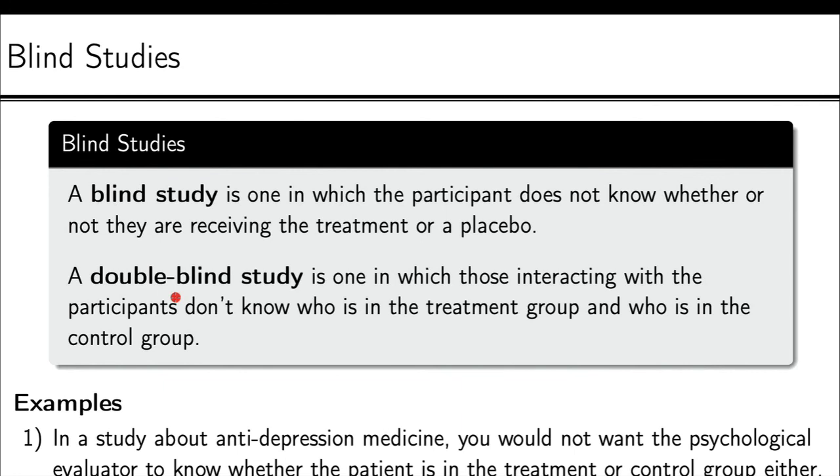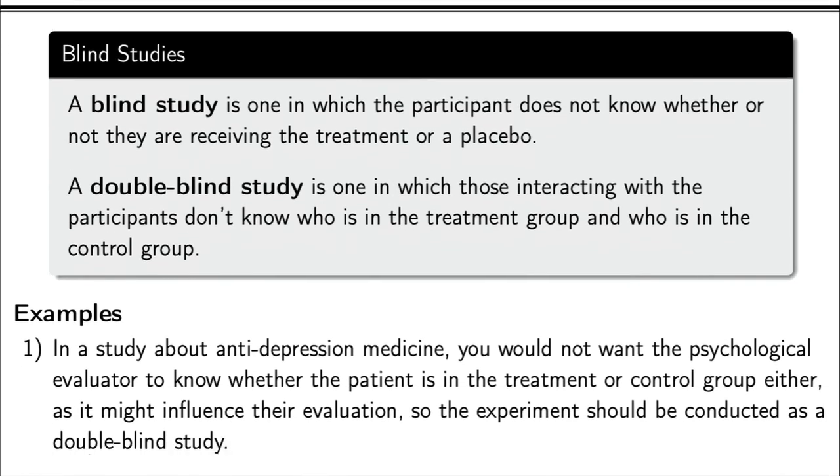Or maybe will change their diligence in recording outcomes and effects if they know that someone has a treatment or a placebo. And so a double blind is a powerful technique to remove that bias that can arise in the mind of the individual that's administering the treatments.